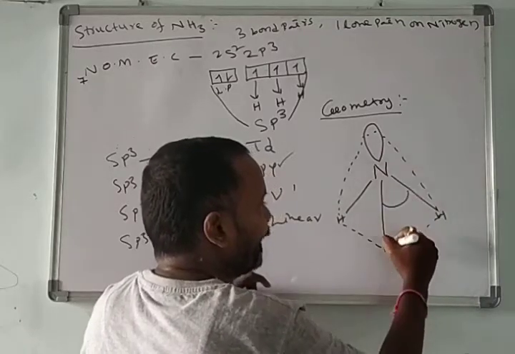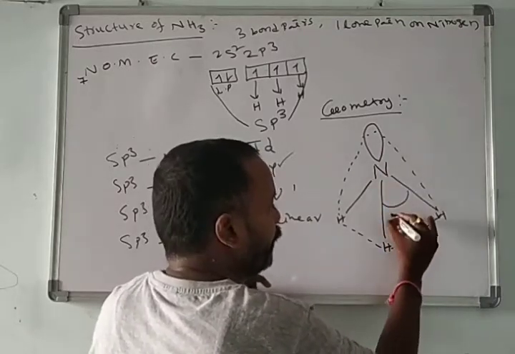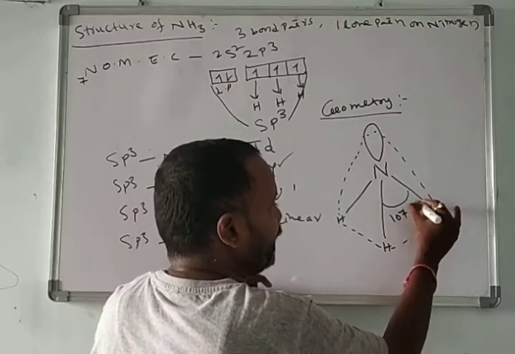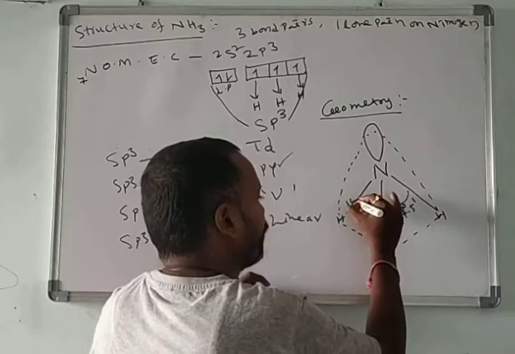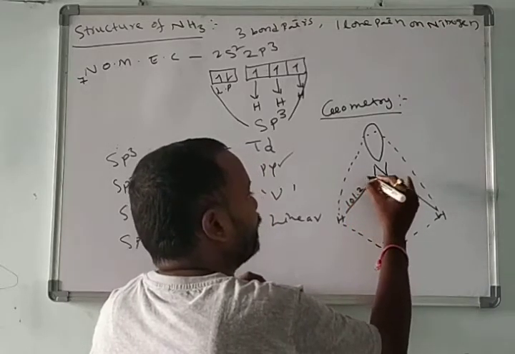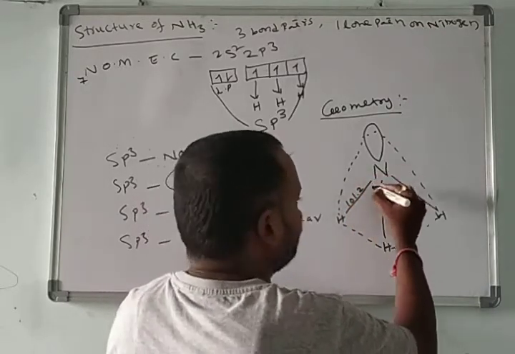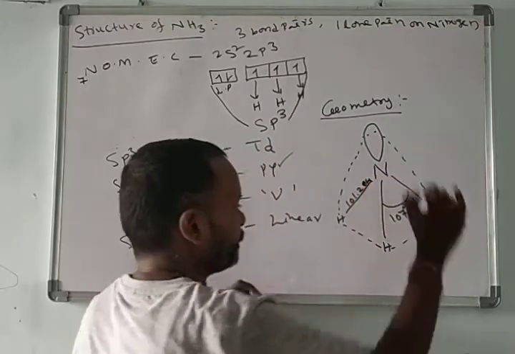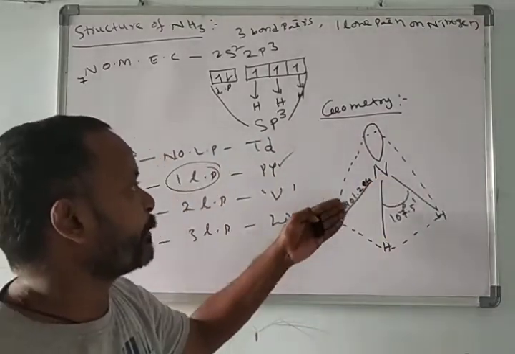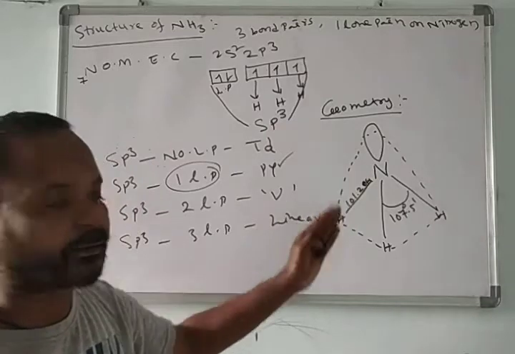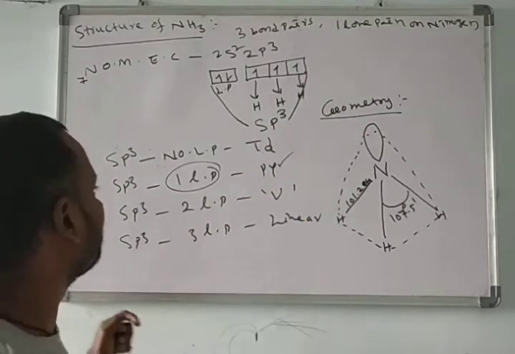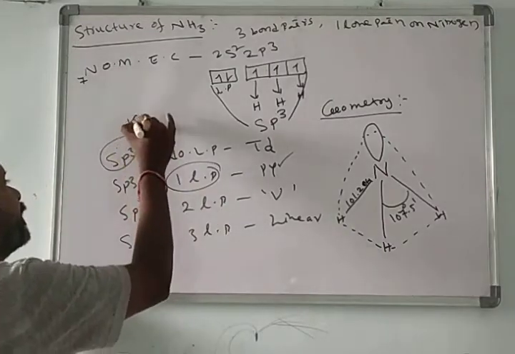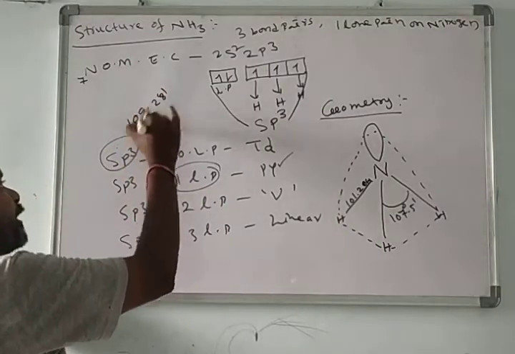Here the bond angle, hydrogen, nitrogen, hydrogen, is 107.5. In some books it is mentioned as 105 only. Okay, here the bond length is 101.2 picometers. This is about the bond angle and bond length between nitrogen and hydrogen. The actual bond angle for an sp3 hybridized atom is 109.28 minutes.